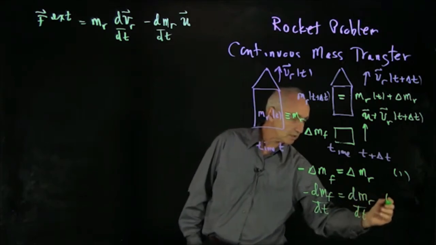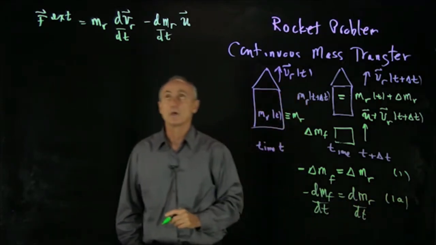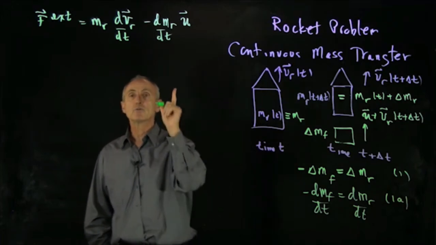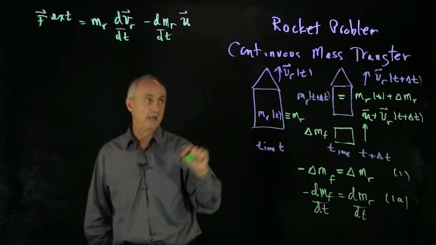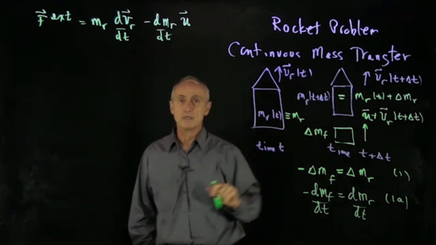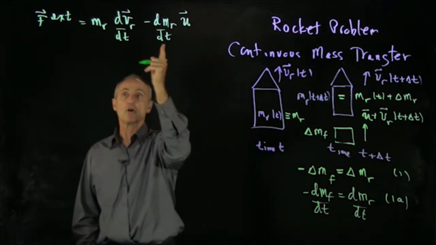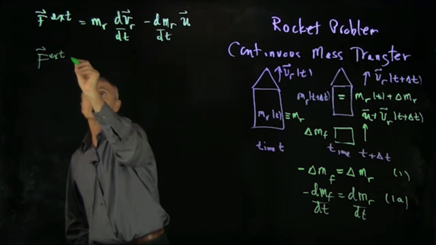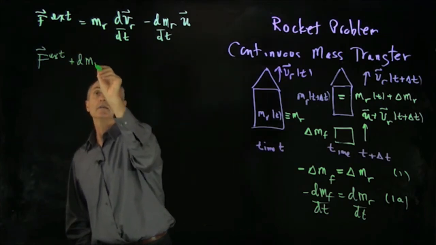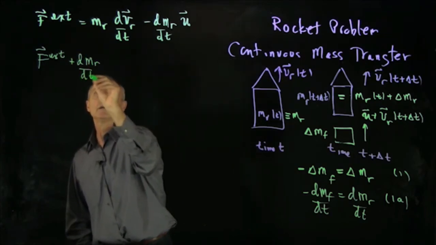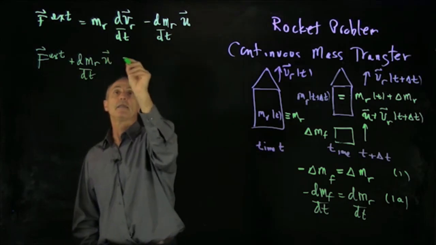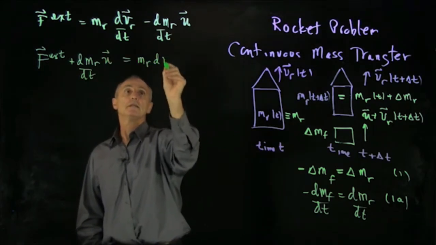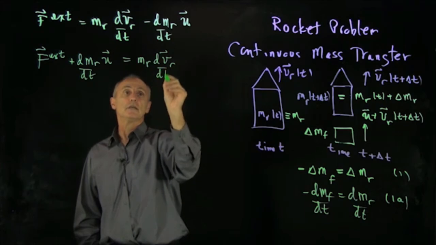It doesn't matter which side we put the minus sign on. So now I want to interpret this equation in a different way, and it will come back to what we mean by our system. Let's first bring this other term over to this side. So we have plus dm_r/dt u, and that's equal to m_r dv_r/dt.